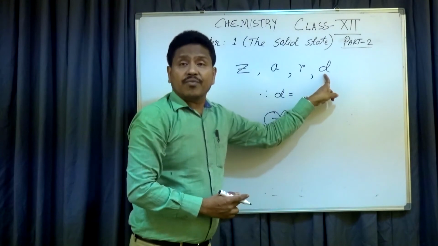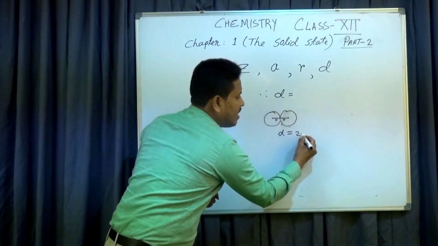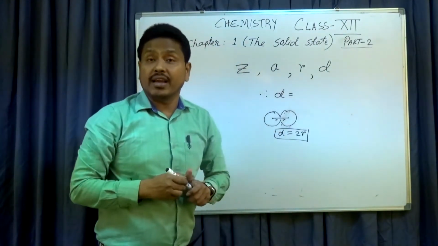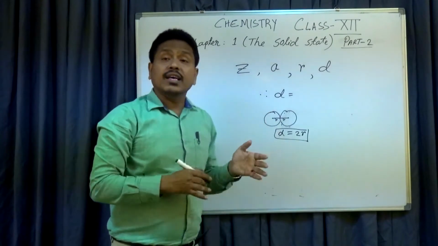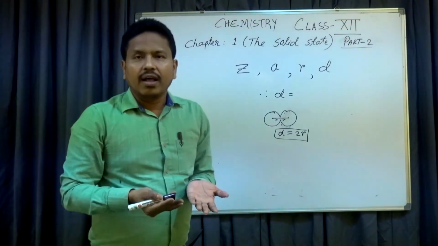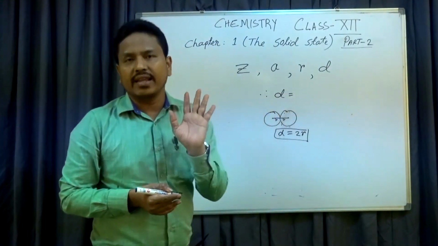That is the nearest neighbor distance, always equal to R plus R, that is 2R. Mind it, this is a very important relation for numerical problems. Nearest neighbor distance in the solid state, in simple, BCC, FCC, any type of lattice, is D equals 2R, 2 into the radius of the atom.